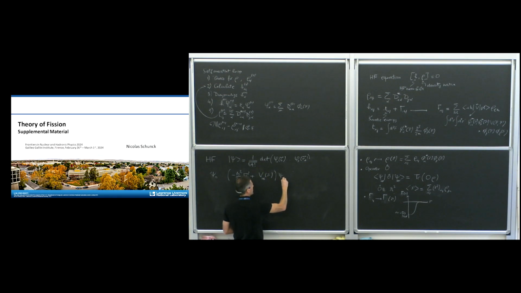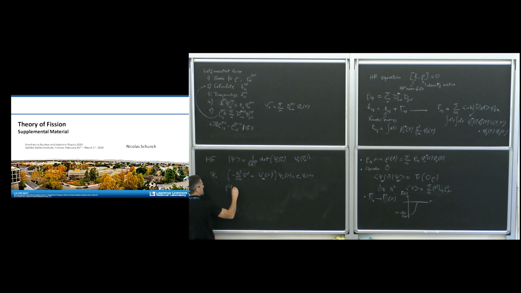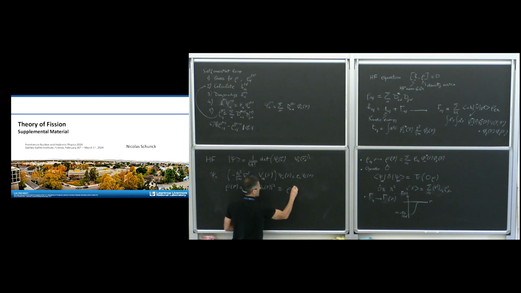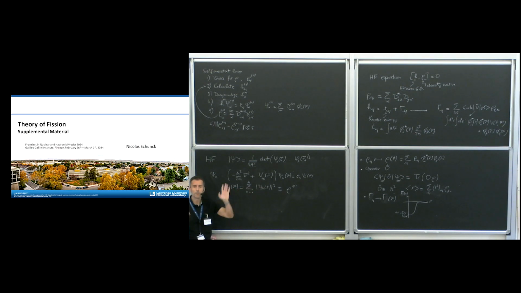You solve this with a computer code, and you get those wave functions, and now you calculate the density of particles as a sum from i equal 1 to A of this, and this could be taken as your iteration 0 for your self-consistent loop. You would turn this into the basis, but the spirit is you would take this as iteration 0. That's usually what people do, and which potential is up to people's preference.